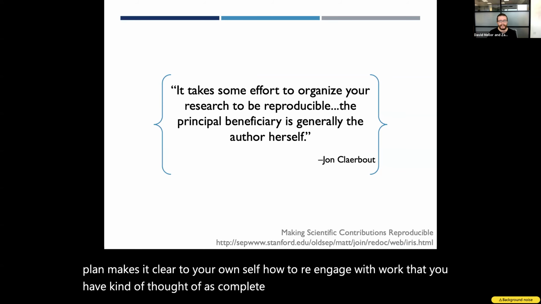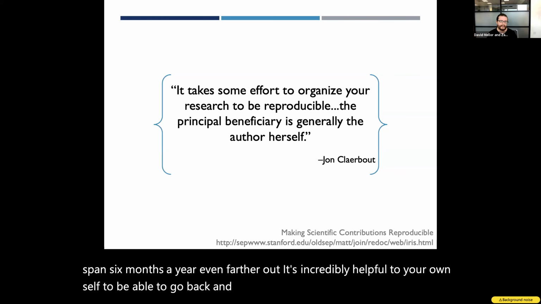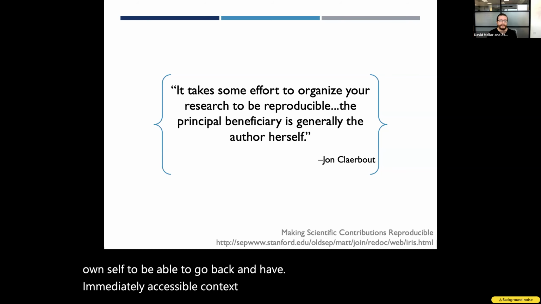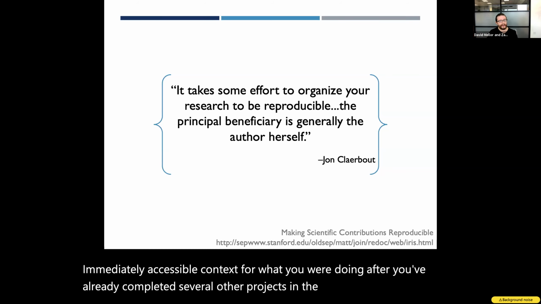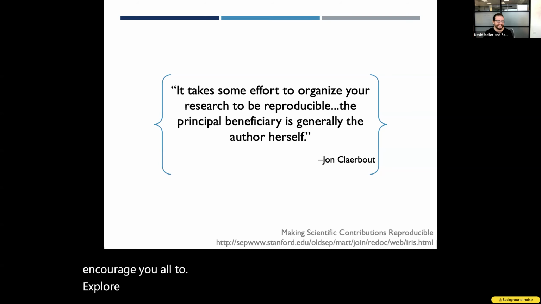And thinking of an even longer time span, 6 months, a year, even farther out, it's incredibly helpful to your own self to be able to go back and have immediately accessible context for what you were doing after you've already completed several other projects in the meantime. And so I would encourage you all to explore more. And with that said, I'll pass it back to David to talk about some additional resources.